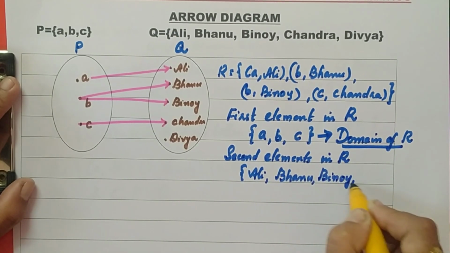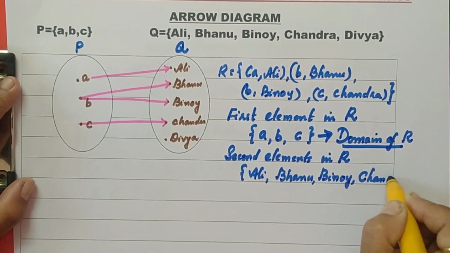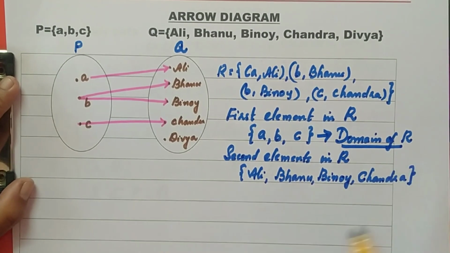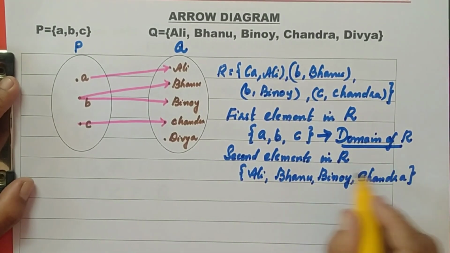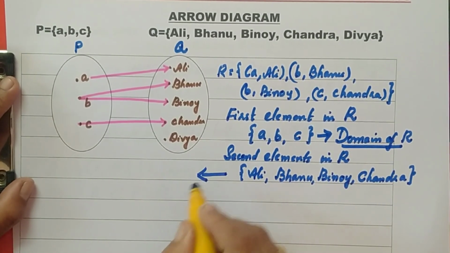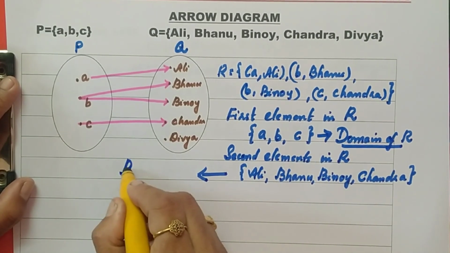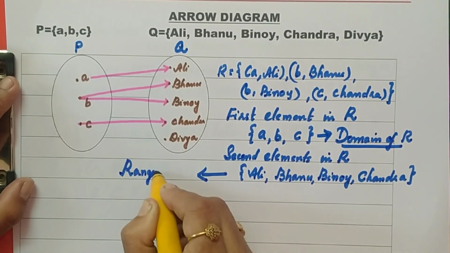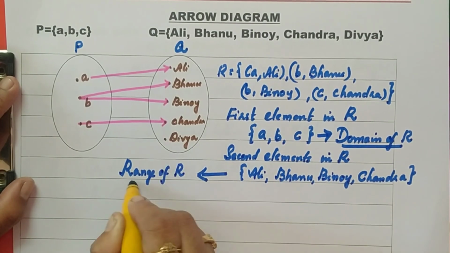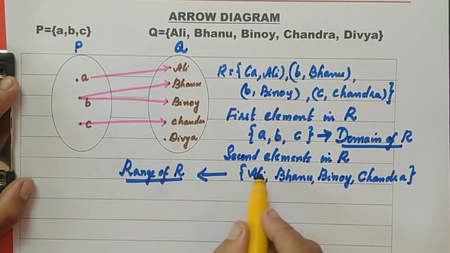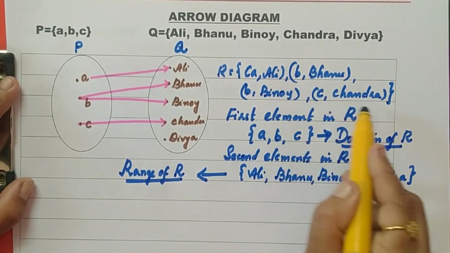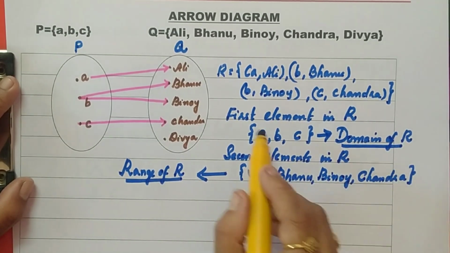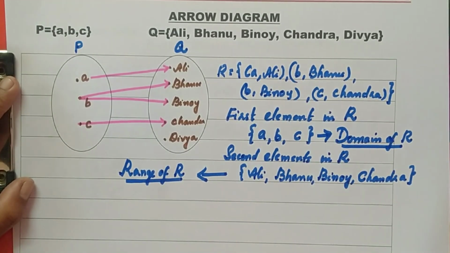These are the second elements in the relation R. The set, or the collection, of the second elements in the relation R is called the range of R. Remember these two important points. So range means the collection of second elements in a relation, and domain means the collection of first elements in a relation or the ordered pairs A cross B.